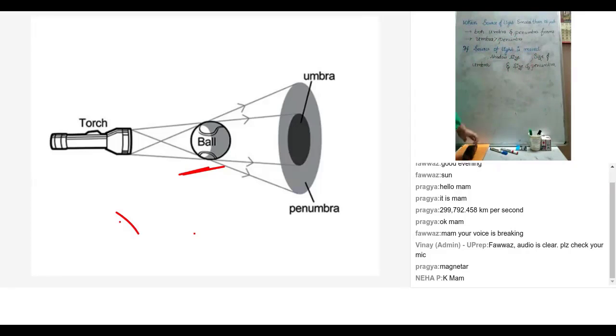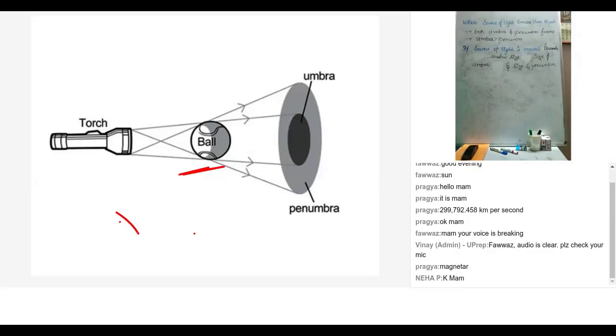Yes, yes. Now, let us get into the conditions. If the source of light is moved towards the object. Ma'am, I would like to ask something. Yes. Ma'am, in this case also umbra is smaller than penumbra.